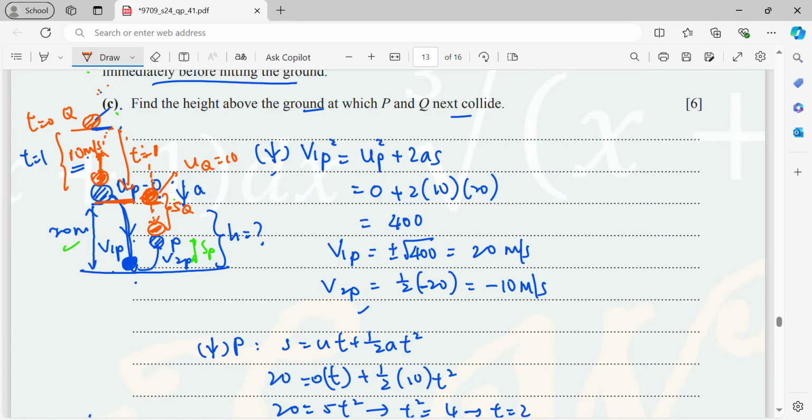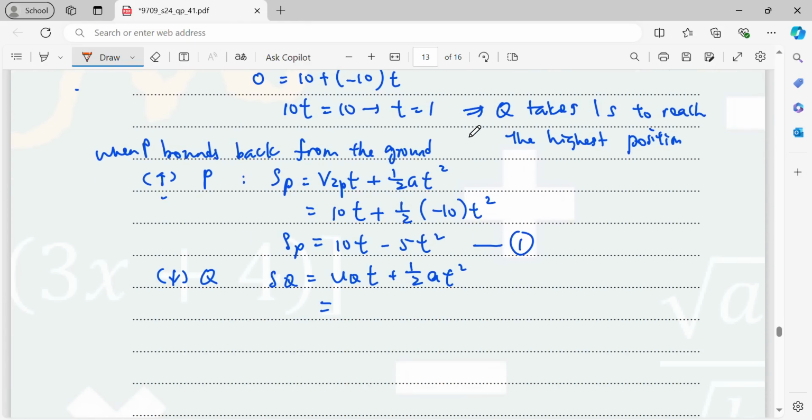But it is positive now because it's going down. Going up is negative, going down is positive. So from here, I consider going down as positive. That's why here is 10T plus half, the A is also going down. So you will get 10T plus 5T squared. So this is the second equation.